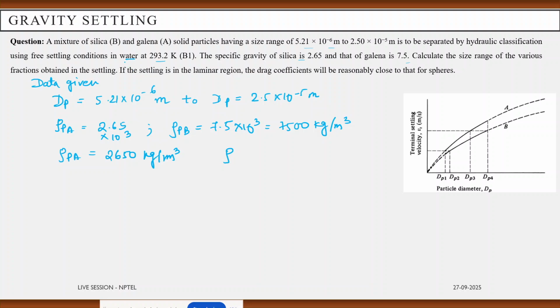So here the density of water is given, and the viscosity of water.